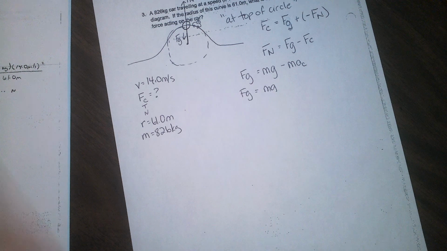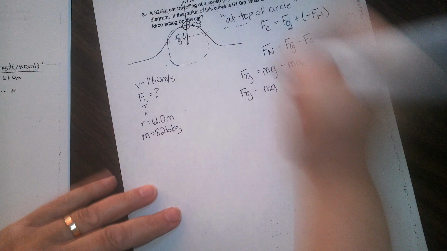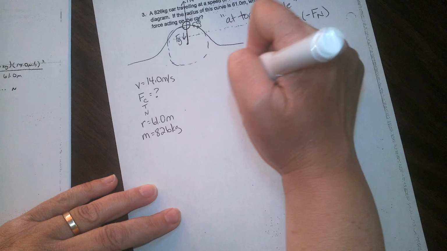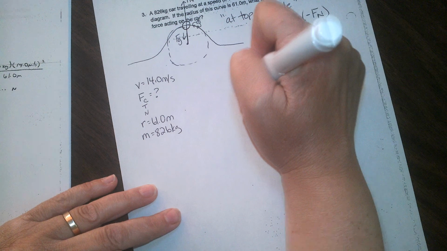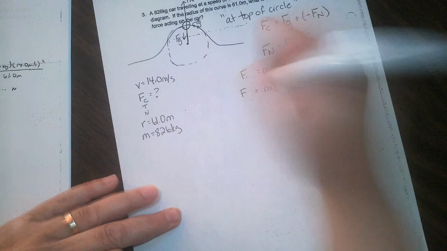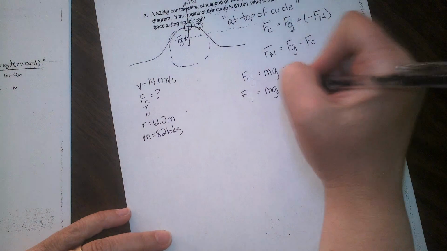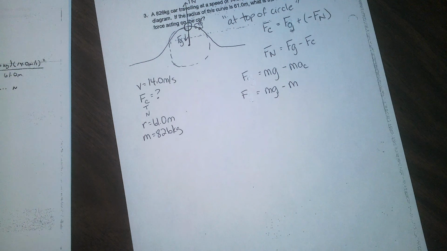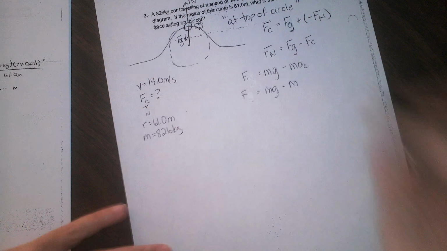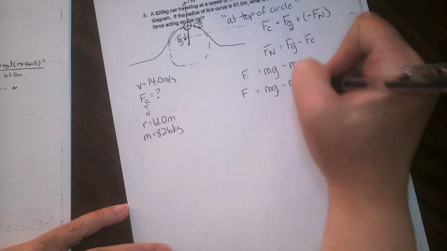I put force G, I want force N. I just wrote the wrong letter down. How do I solve for centripetal force with the information that's given to me? How do I solve for acceleration? V squared over R.